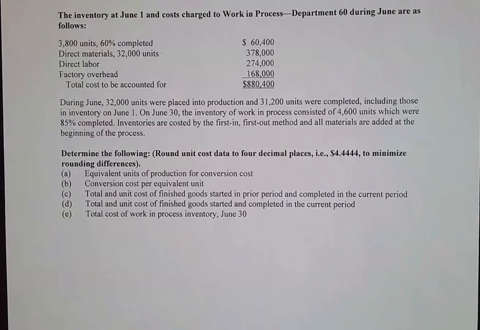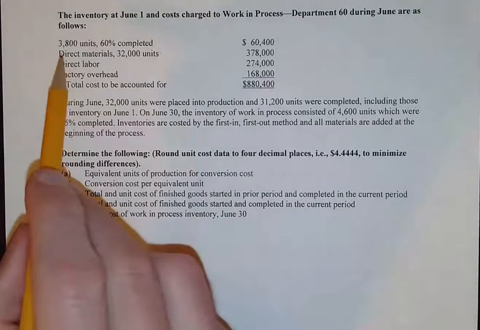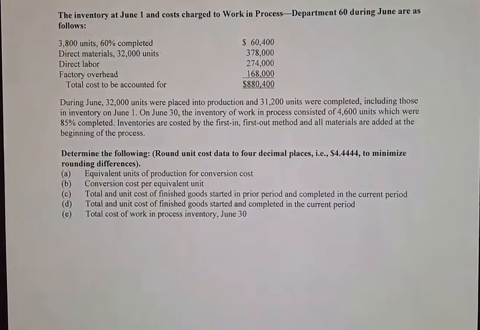4,600 units, which were 85% completed. Inventories are costed by the first in, first out method, and all materials are added at the beginning of the process. So what that tells us is this. I want to tell you two things before we get going. These 3,800 units up at the top are 100% complete as to materials and 60% complete as to conversion costs.